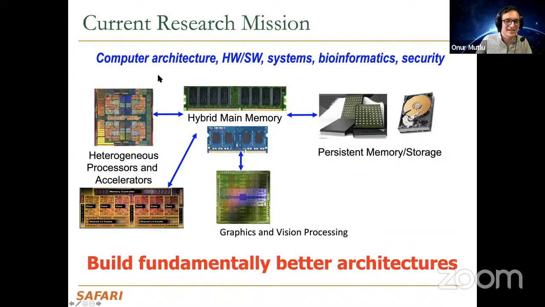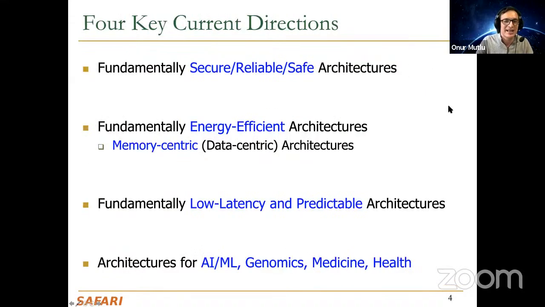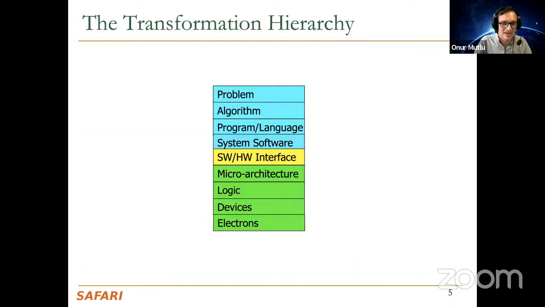We work in these areas that are listed on the top over here. And we're following four major directions today: fundamentally secure, reliable, safe architectures, fundamentally energy efficient, memory-centric architectures, fundamentally low latency and predictable architectures that provide quality of service, and architectures for emerging and important applications, as I mentioned earlier. And these span clearly many applications, but they're not limited to these applications that I mentioned over here.